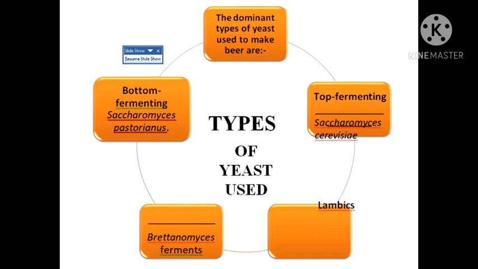The dominant types of yeast used to make beer are top fermenting and bottom fermenting. And in another picture you can see lambic, and then Brettanomyces ferments.